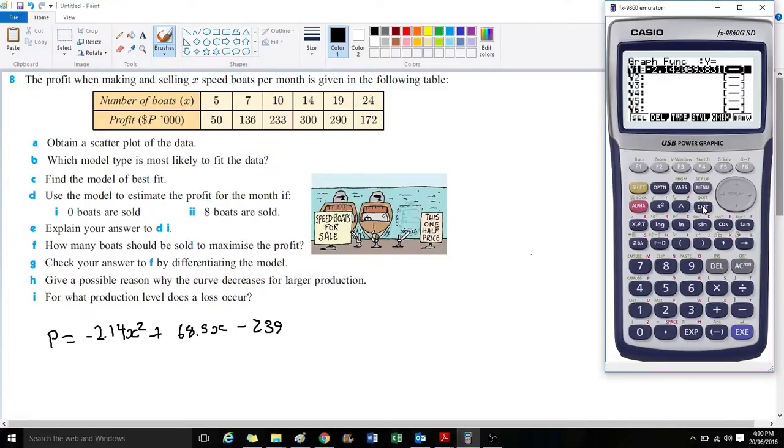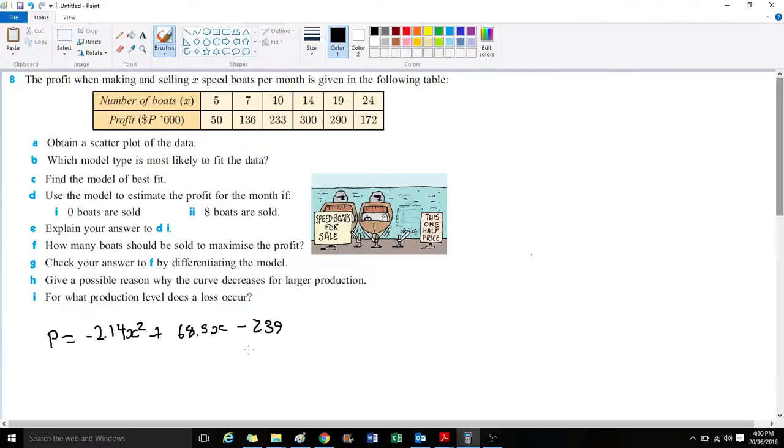This occurs when of course x is 0. So we might need to come down a little bit in the V window. Alright, now of course when x is 0, what's the profit going to be according to this model? Minus 239. Okay, so if 0 boats are sold, profit, or well it's a loss, is minus $239.